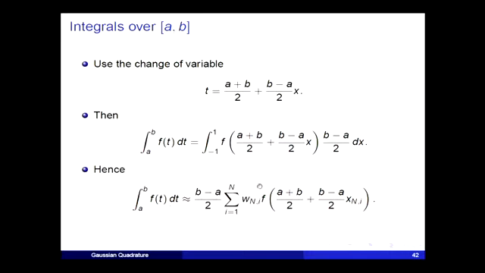And you see now if you have the Gauss rule for minus 1 to 1, then you apply that to this function, then you approximate the integral from a to b. So the integral from a to b is not a problem. Yeah. As long as you have the integral from minus 1 to 1, then it's okay.